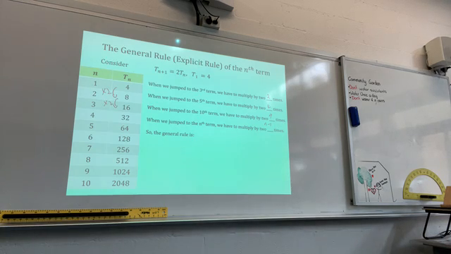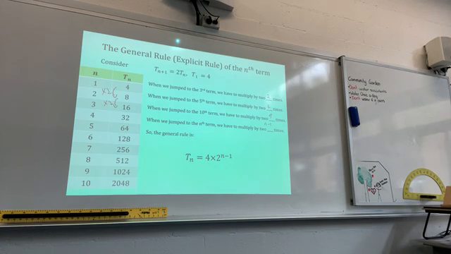How would you write it in the explicit form, without worrying about specifying T1? How do you implement T1 in the general rule? T1 is A, so therefore, in this case, what we could write is Tn equals 4 times 2 to the power of n minus 1. Alright, can you recognize this as a form of an exponential?